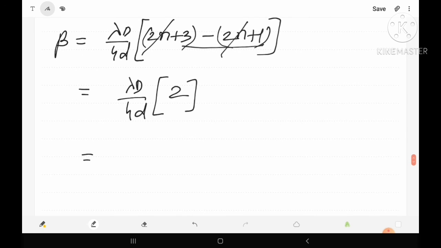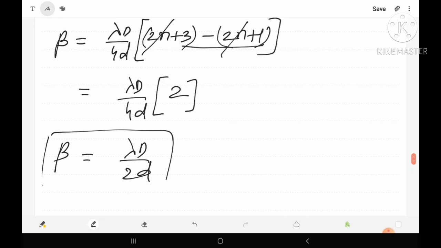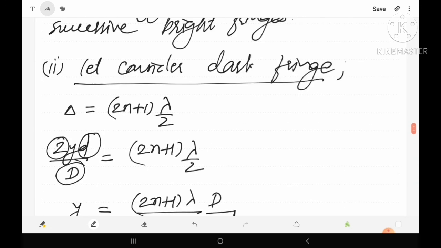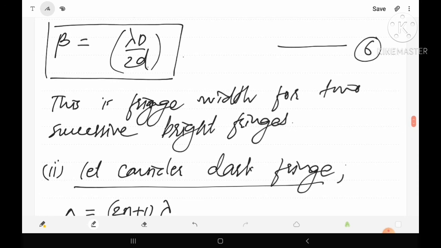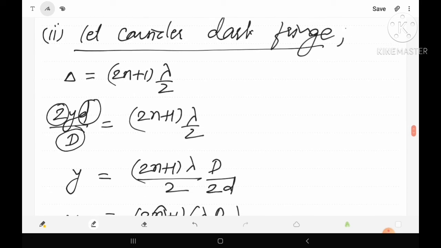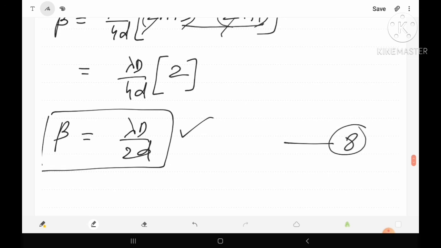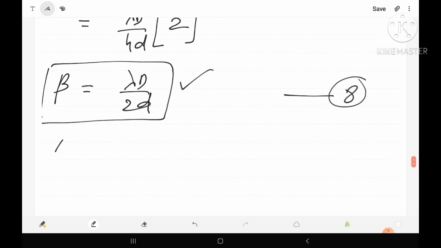So beta is equal to lambda capital D upon 2d. Suppose this is equation number 8. From equation 6, beta equals lambda D upon 2d for bright fringes, and from equation 8, beta equals lambda D upon 2d for dark fringes, which are exactly equal.